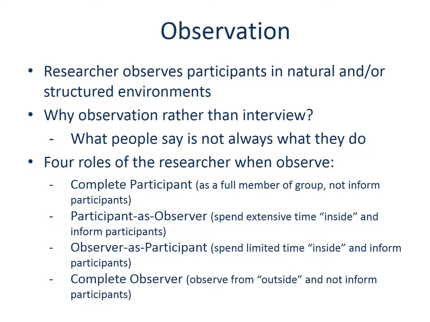The reverse situation, a little bit different from the previous ones, would be observer as participant. People know that you're a researcher and you spend a limited amount of time actually participating with them, but more time is spent outside the group observing what they're doing. Finally, a complete observer would be when you observe just from the outside, you don't interact with your participants, and you also don't tell them that you are a researcher.